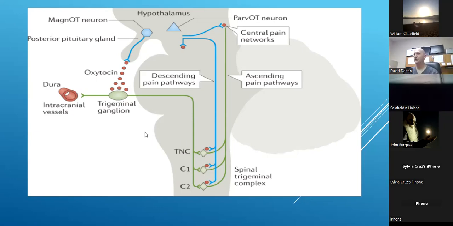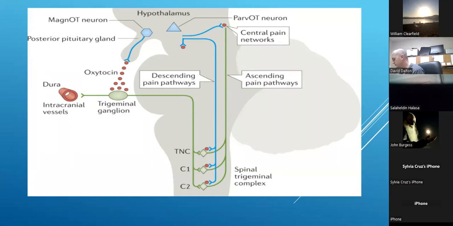And it will inhibit and interrupt those pain signals that go through the nociceptive pathways, which are mainly the calcitonin gene-related peptide neurons, those pain signals coming from the meninges, from the dura.